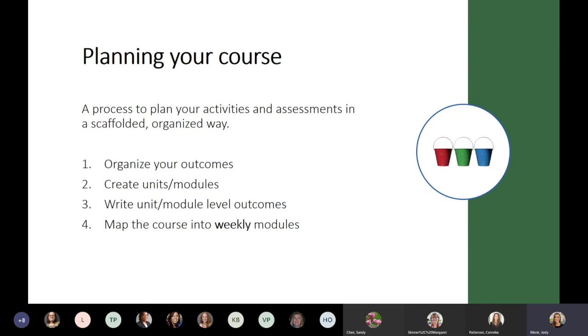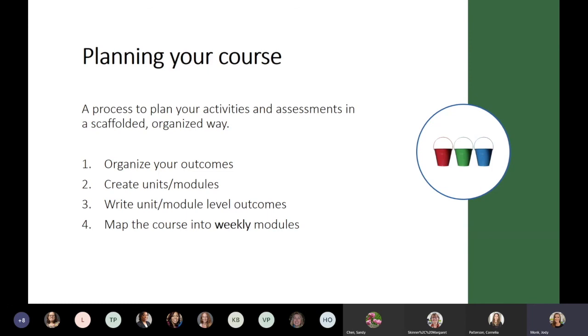So where your course outcomes may be broad and a bit more open-ended for students, these module level outcomes will have a measurable piece. And the idea behind module level outcomes is students can look at that and almost know exactly what they're going to do and how they're expected to do it.